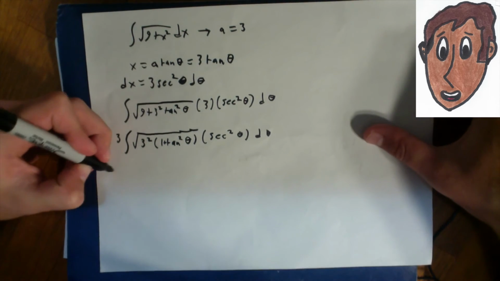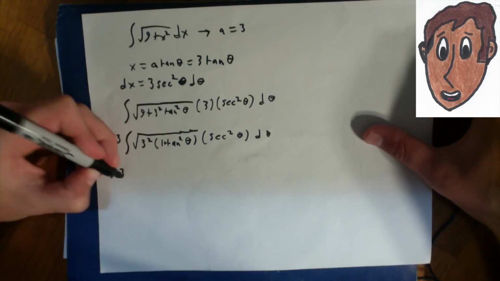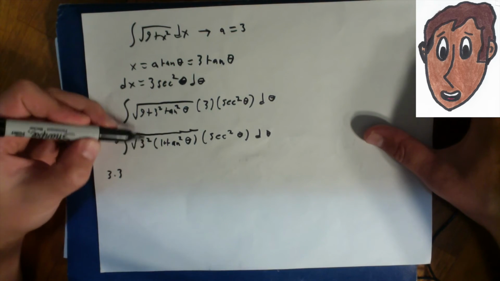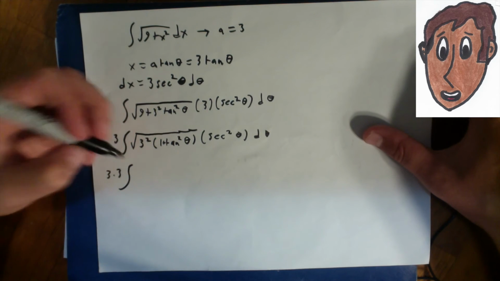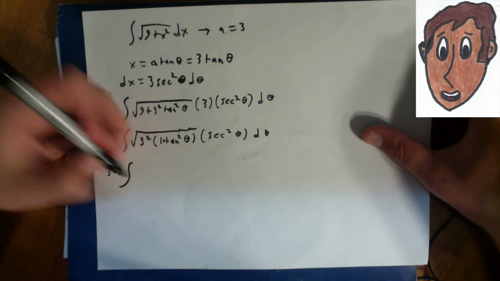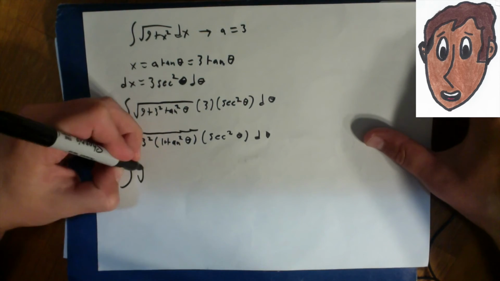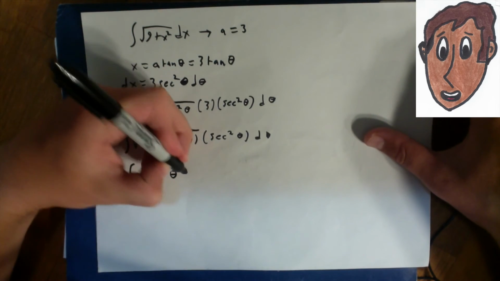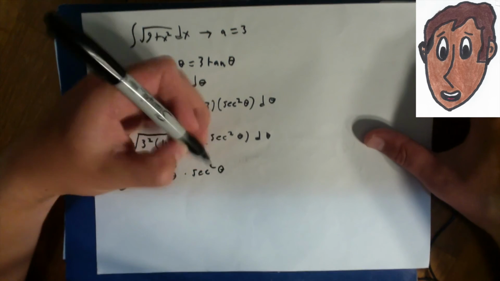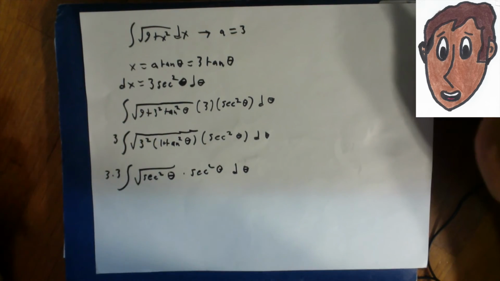So we're going to have 3, which is already out, times 3, this 3 that we pulled out of the square root, times the integral of, let's see, square root secant squared theta times secant squared theta d theta.